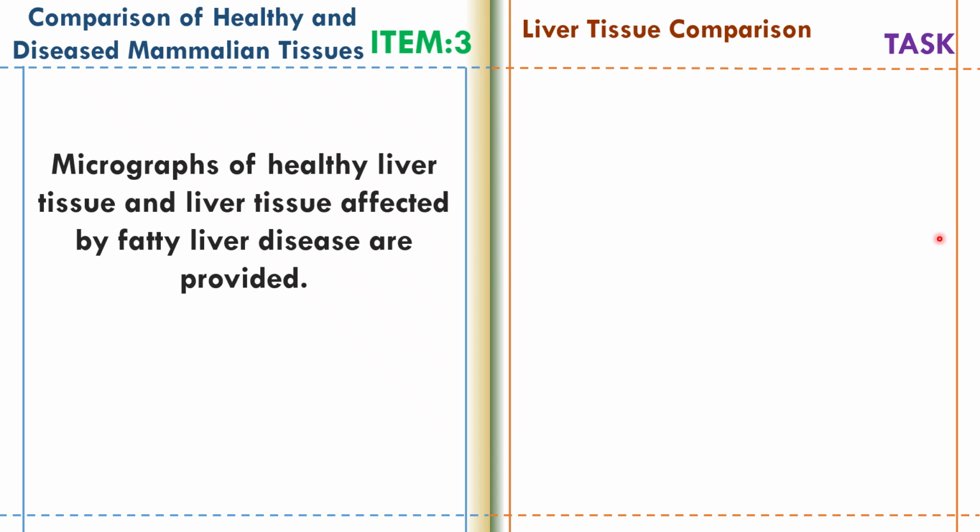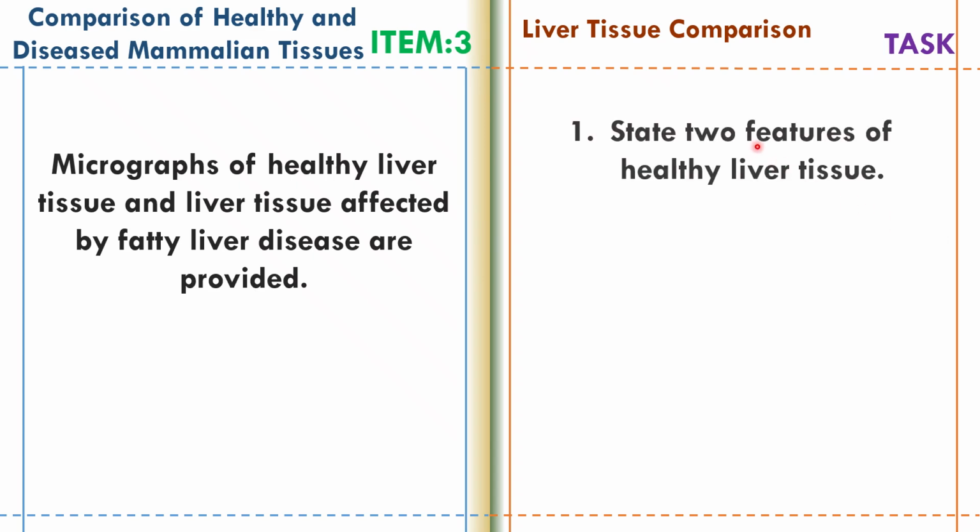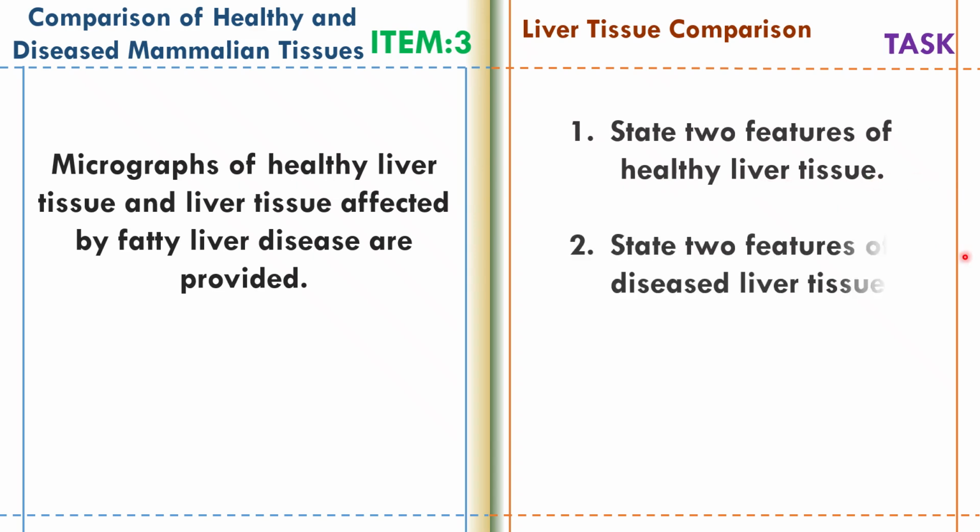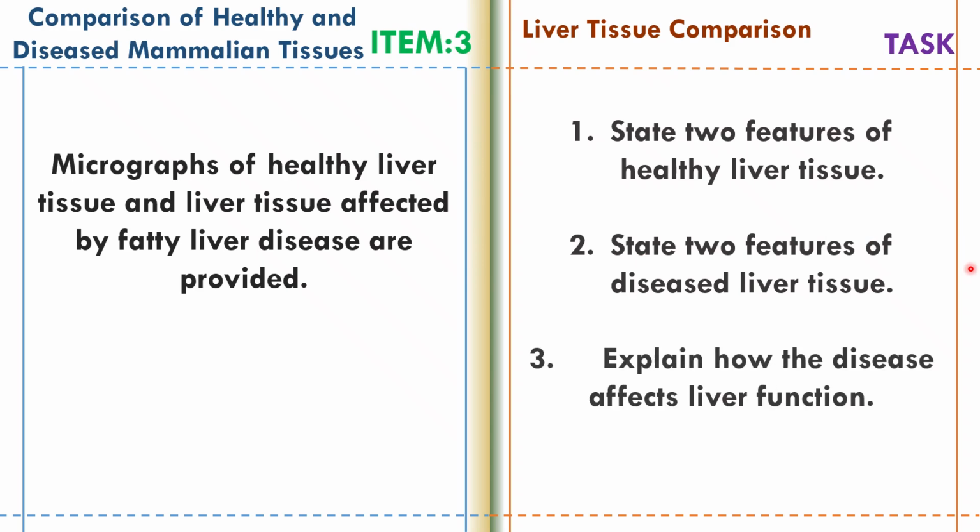Task: state 2 features of healthy liver tissue. State 2 features of diseased liver tissue. Explain how the disease affects liver function.